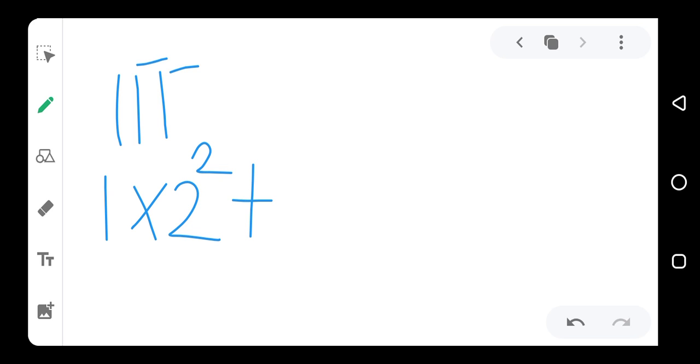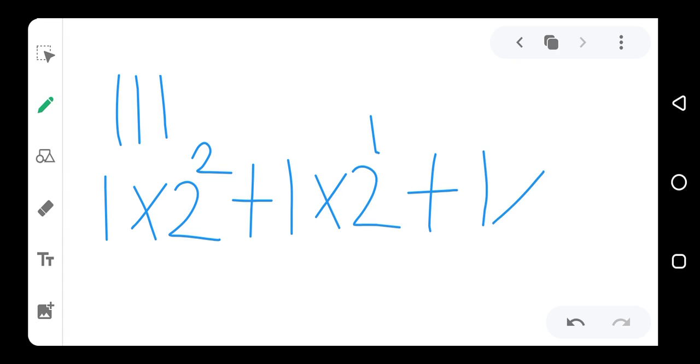Then plus, we pick the second one, 1 times 2. How many numbers after this one? Is only 1. So 2 raised to power 1. Then plus the third one, 1 times 2. There's nothing after the last one. So we say 2 raised to power 0. 2 raised to power 2 is 4.